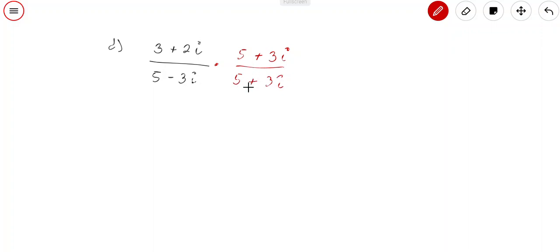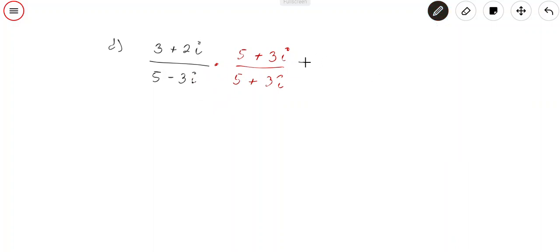A common mistake is that some students multiply the denominator by 5 plus 3i, but multiply the numerator by the complex conjugate of the numerator. That's wrong. You multiply the numerator and denominator by the same thing. So you always multiply by the complex conjugate of the denominator if you are rationalizing.